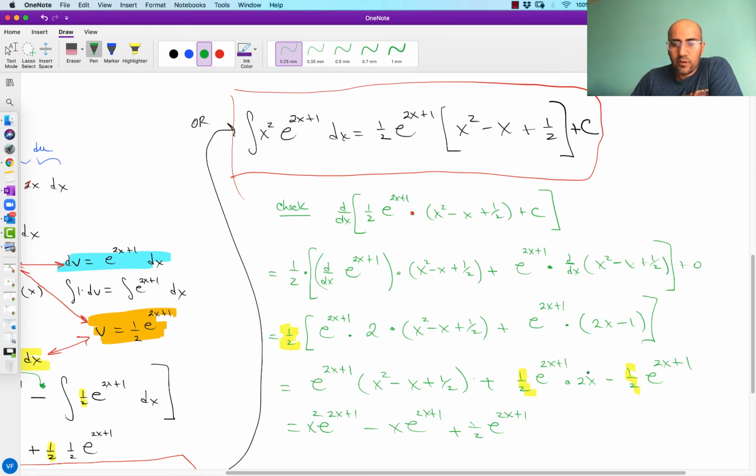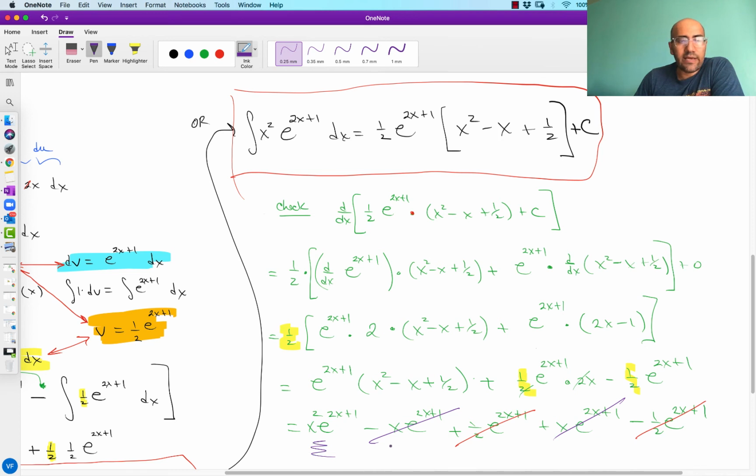And then this 1/2 and this 2 cancel to give me a plus x e to the 2x plus 1. And then minus 1/2 e to the 2x plus 1. Okay, so now this term, 1/2 e to the 2x plus 1, cancels with this term. And then x e to the 2x plus 1, that term will cancel with this term. This term and this term cancel.